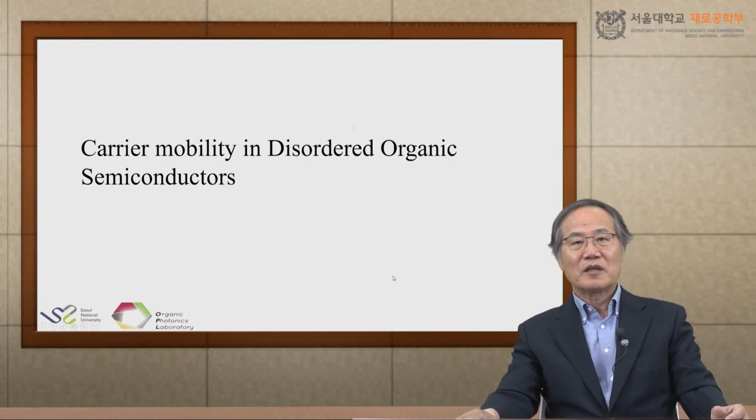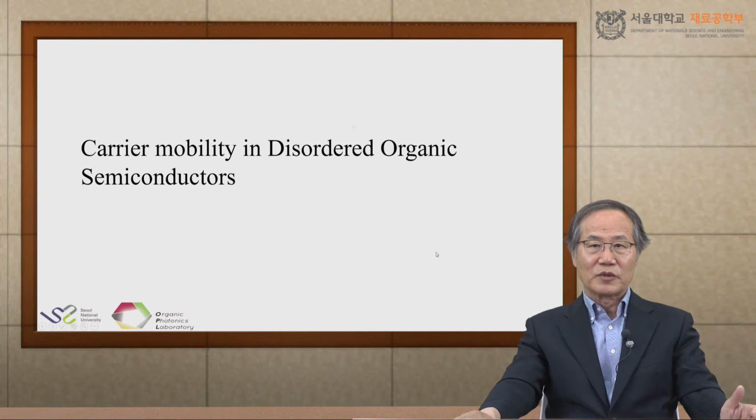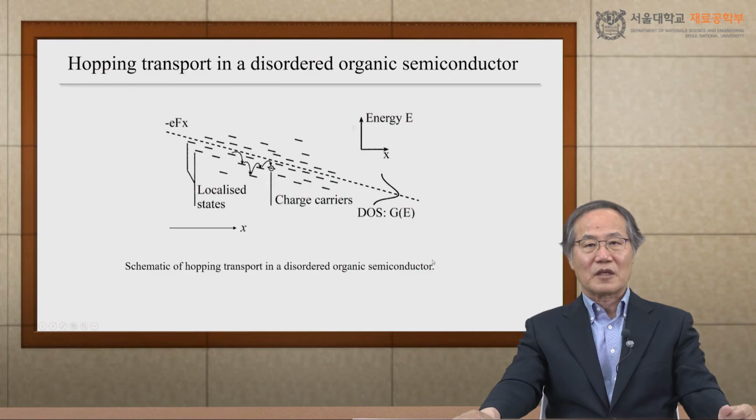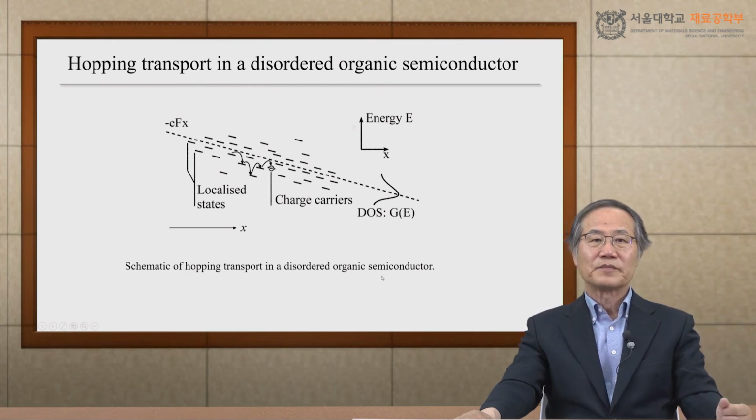Also, carrier mobility in disordered organic semiconductors is rather different from the inorganic semiconductors' crystalline case. In inorganic semiconductors, we just considered the scattering by phonons or charged ions and so on. However, in this case, we apply quite different models.